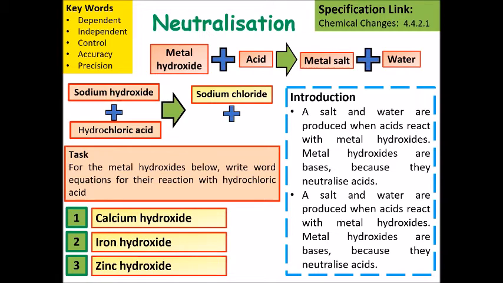A salt and water are produced when an acid reacts with metal hydroxides, because the hydrogen ion in the acid will react with the hydroxide ion in the metal hydroxide, making water, and what is left over is a metal salt. An example would be where we react sodium hydroxide with hydrochloric acid, making sodium chloride plus water.